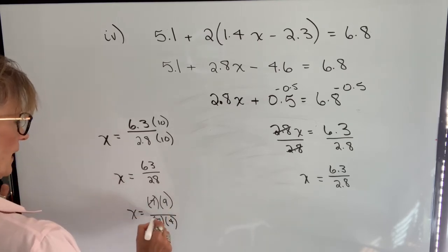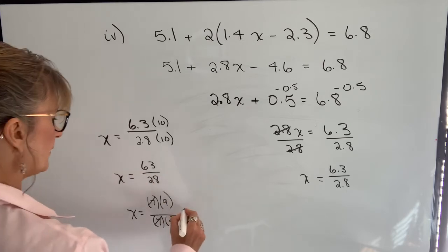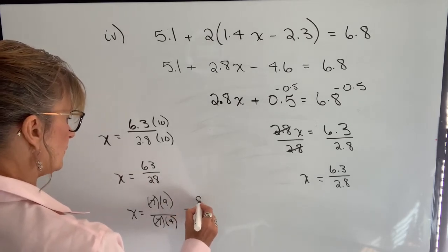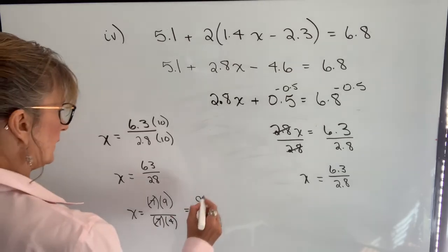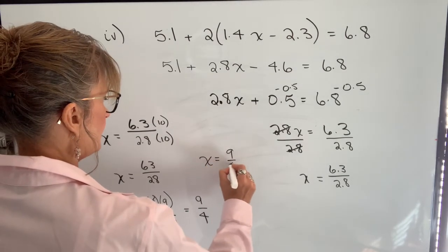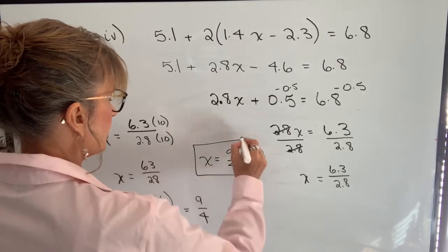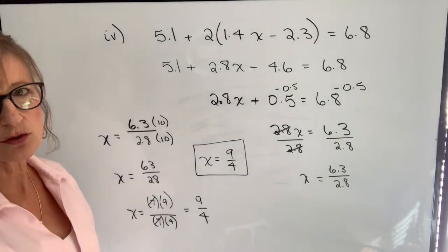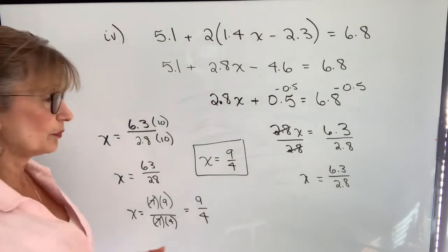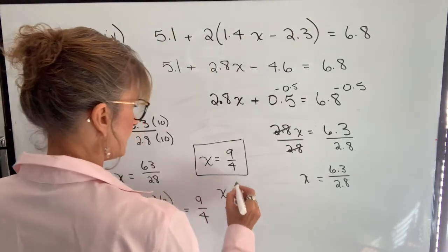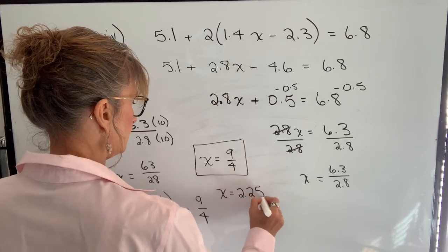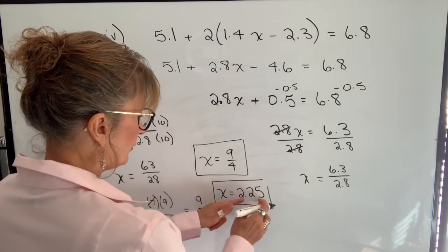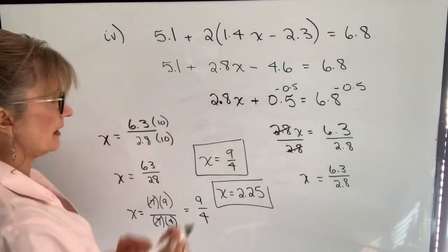So we have a common factor of 7 in the numerator and the denominator that we can cancel, and that reduces to 9/4. So x equals 9/4, is the way I would express it. Because that changes to an even decimal, you could, if you prefer, express it as a decimal. So the decimal would be 2.25. That's not rounded off, that's exact.